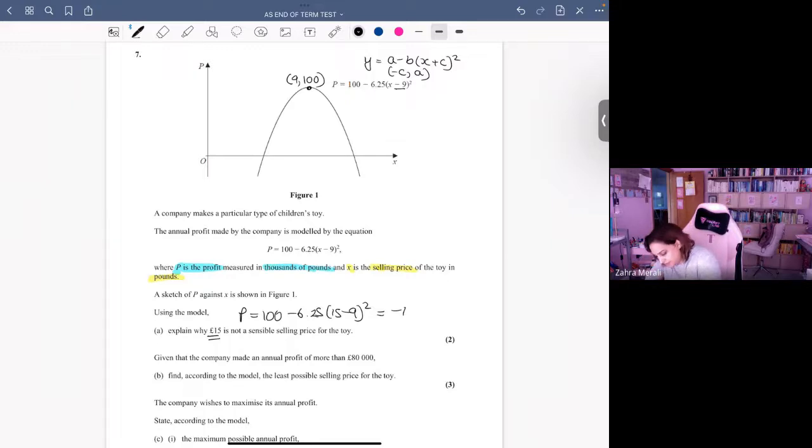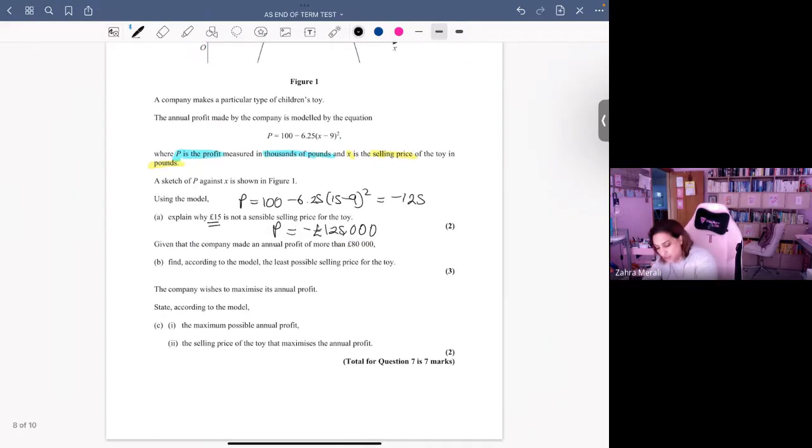Yeah, so I get minus 125. Now remember, in terms of profit, that means minus £125,000, right? And this is not sensible because the company has got a negative number, so it's making a loss.